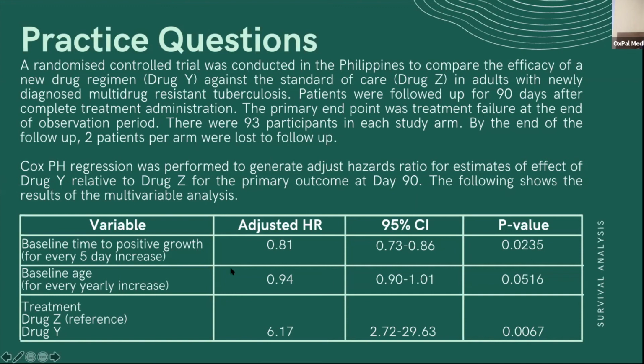So this drug seems hazardous in a sense, and given these results, I would choose not to give drug Y, the new drug regimen, because it seems to be contributing to treatment failure. I would stick to drug Z and also look into other reasons why this has occurred. You can see here for drug Y the confidence interval is also wide, but it does not cross 1, and the p-value is very small, so it's statistically significant.